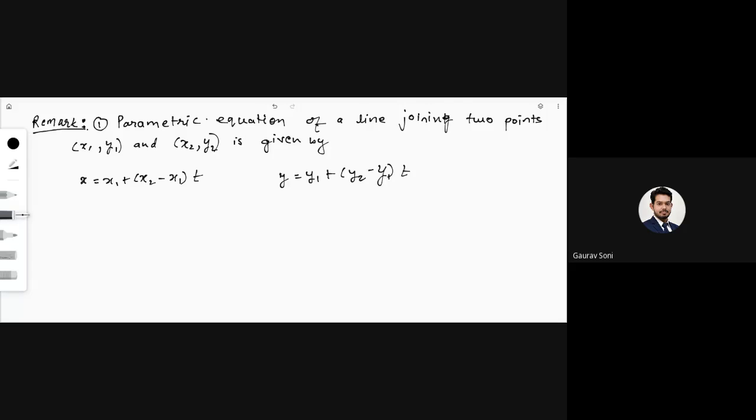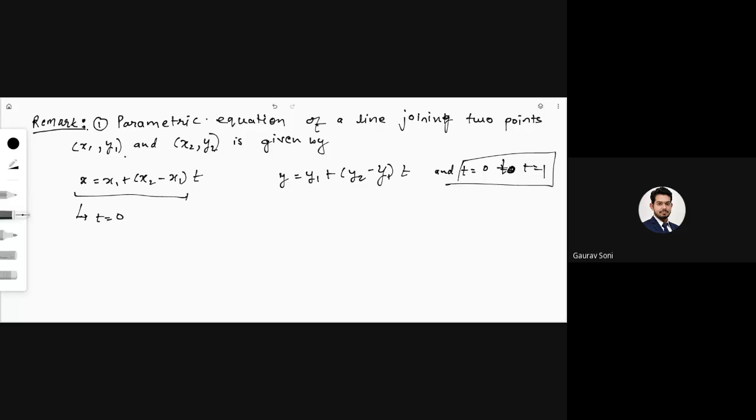So what we can see here is t is running from t equal to 0 to t equal to 1. This is the limit for t. You can check: you put t equal to 0 in this, so what are you going to get? x1. Am I right?